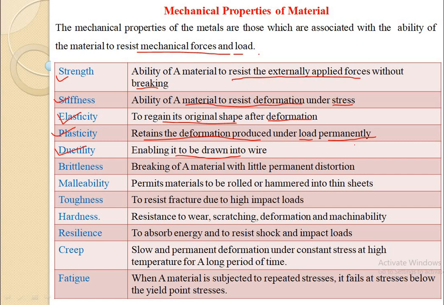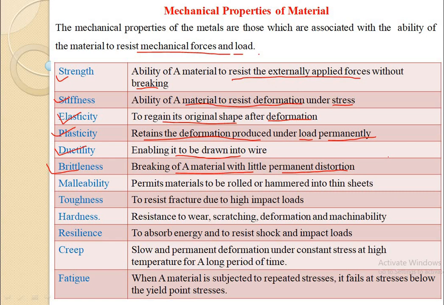That is the measure of ductility. The examples of ductile materials are mild steel, copper, aluminum, nickel, zinc, etc. The next property is brittleness. What is meant by brittleness? It is nothing but the breaking of a material with little permanent distortion.